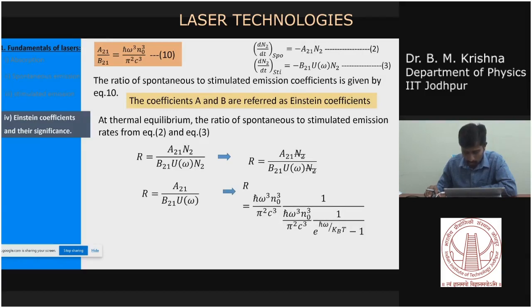Now you know A21 by B21 from equation 10, you can substitute. That is this factor ħω³n₀³ by π²c³, and U of omega is this factor. Now this gets cancelled, and the 1 over 1 goes to the numerator.